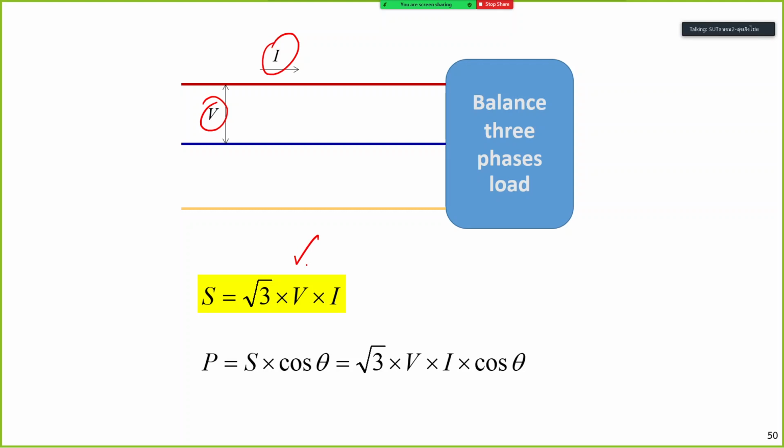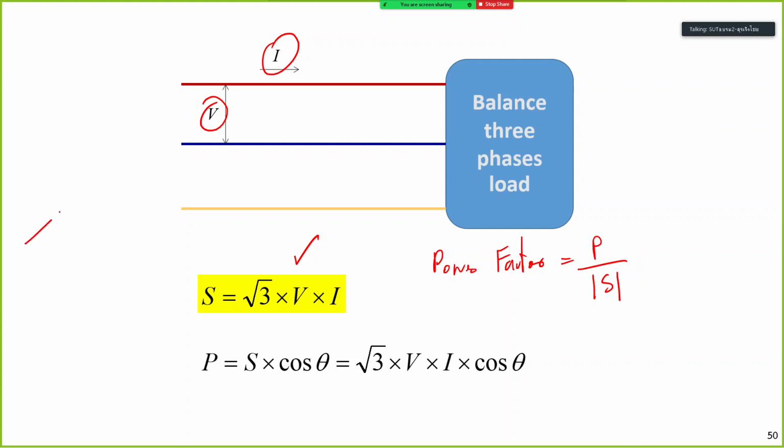We also have the power factor, right? The power factor will be P divided by the absolute value of S, or P divided by S in this case.